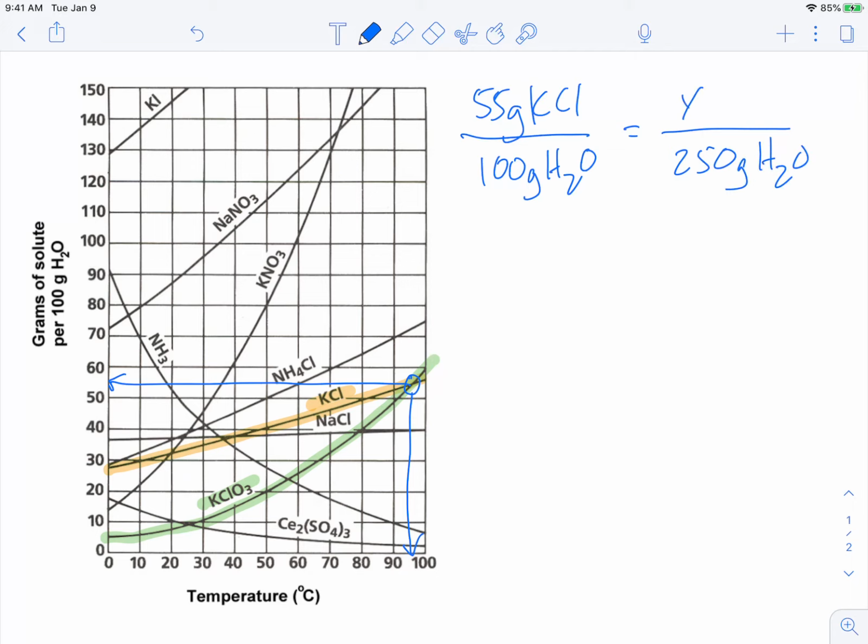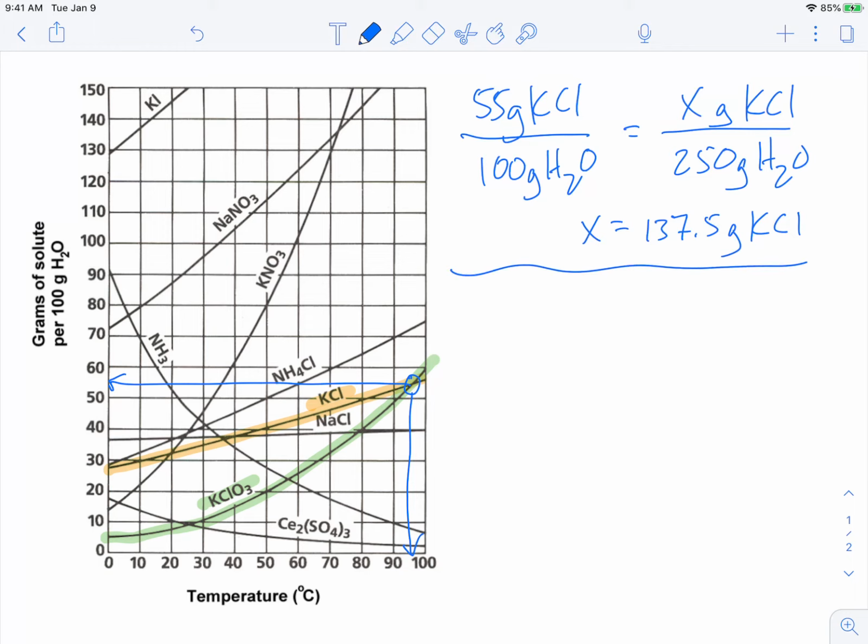We could figure out how many grams of KCl we could dissolve in it as a maximum, maybe to create a saturated solution. And so we can cross multiply and divide to solve for X, and we would get around 137.5 grams of KCl. So we could figure out how many grams we would need to make a saturated solution of KCl if we had 250 grams of water. Remember that we're still at 95 degrees.